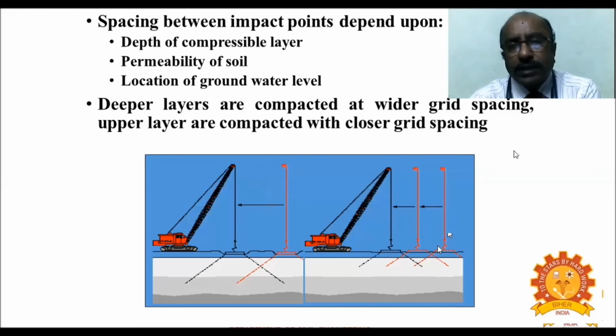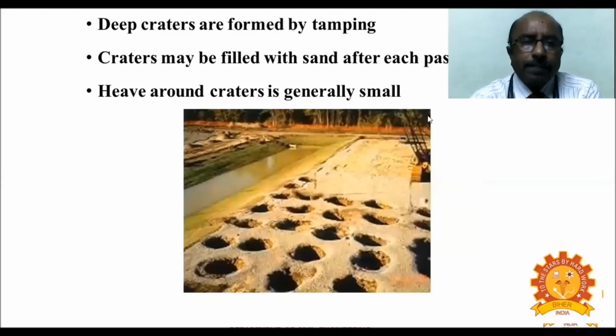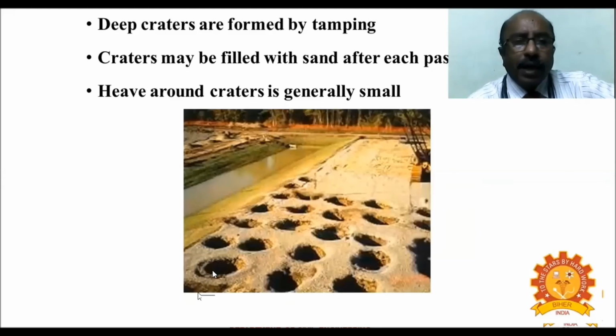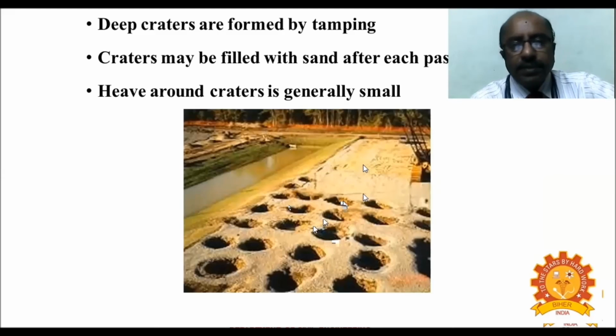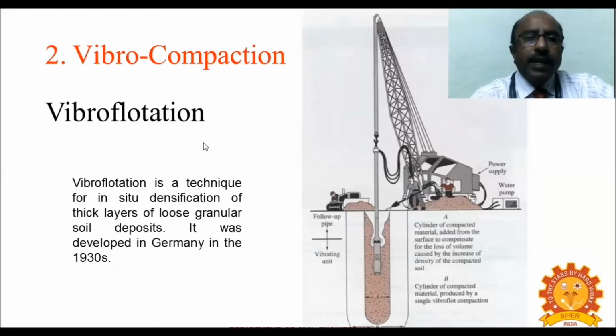This is what we have to understand in dynamic compaction. These craters are formed and then filled with sand, so that the entire area is completely compacted. Normally the heaving around the craters is very small in granular soil, whereas in cohesive soil sometimes it may be bigger.